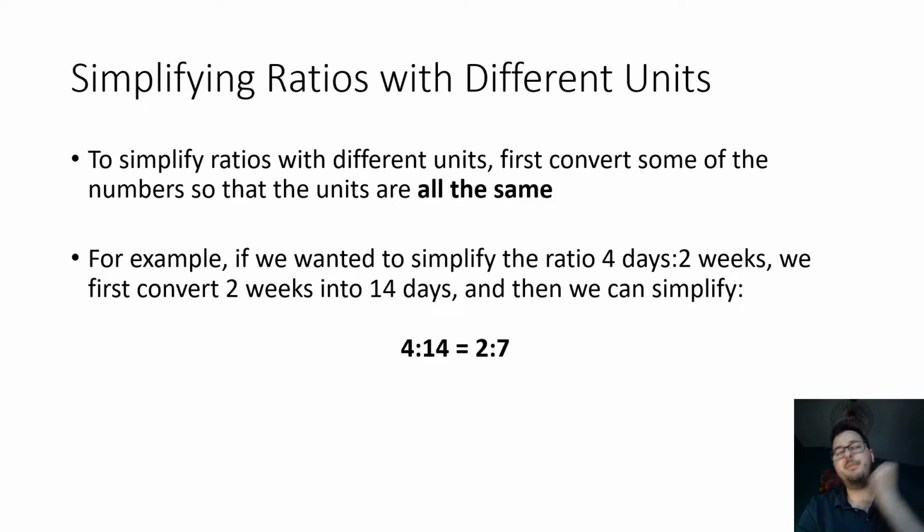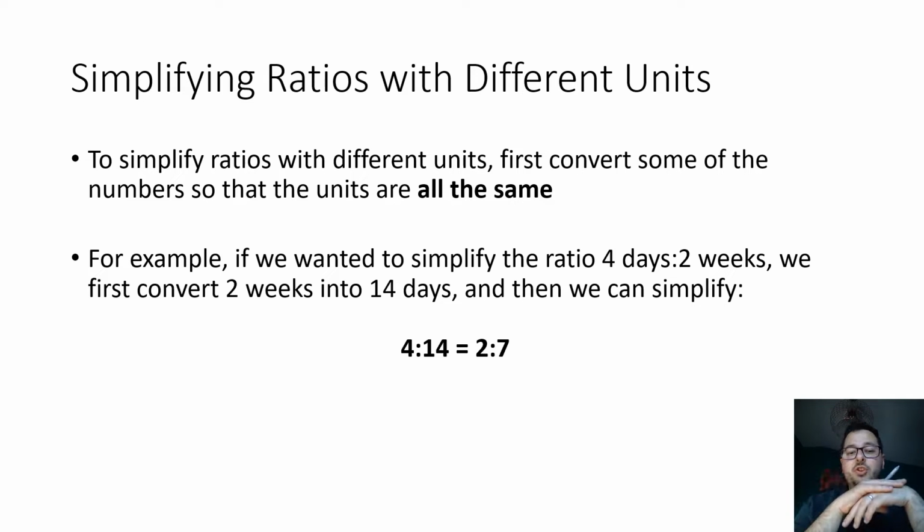Okay, so sometimes you might have to simplify ratios with different units. What you want to do first is convert them so that they're the same. So make one unit the same as another. For example, if we wanted to simplify the ratio 4 days to 2 weeks, you'd want to change one of them into the other, and it's easier to turn weeks into days.